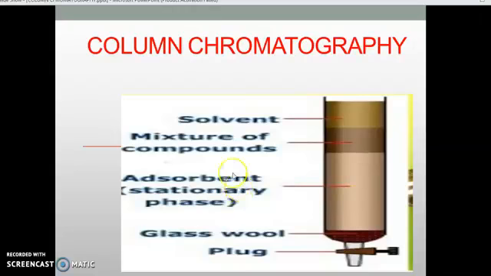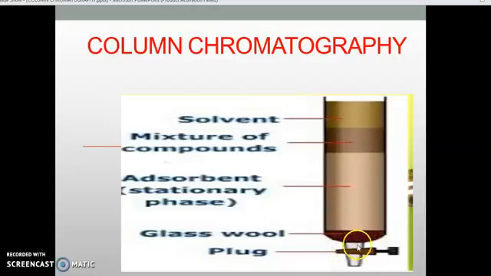Now, the sample that is to be separated, the mixture of compounds, is placed on the topmost surface of the column and kept in the same position until the colored components of the mixture get separated.